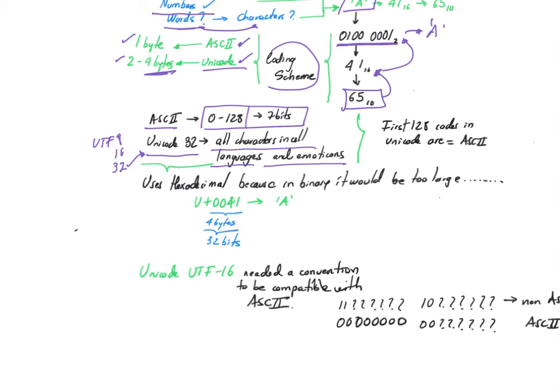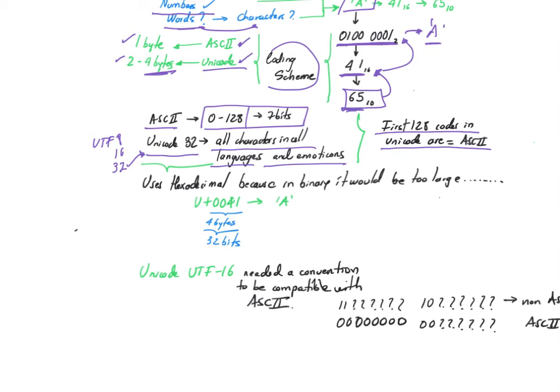So we can have one standard to represent all the different symbols that we use in our different languages, right? Now, one thing that you have in common is that the first 128 codes of Unicode are the same as ASCII code. Now, as you saw, this character A in binary is this number, in hexadecimal is this, and in decimal is this.